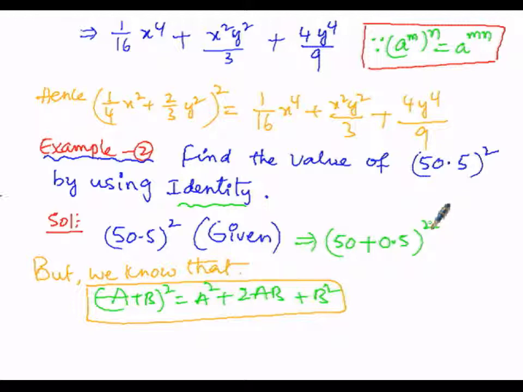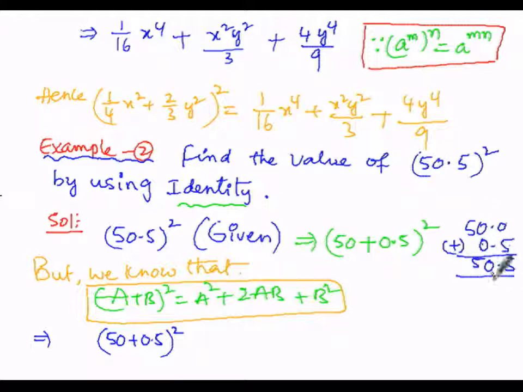Then that implies (50 + 0.5) whole square. In our addition, 0 plus 5 is 5, 0 plus 0 is 0. Then let us copy this 5 as it is, that is 50.5.